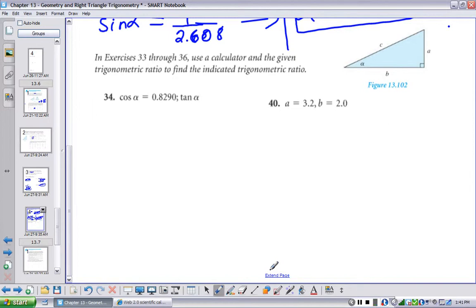So we have this picture here. We have that cosine of alpha is 0.8290, and they want us to find tangent of alpha.